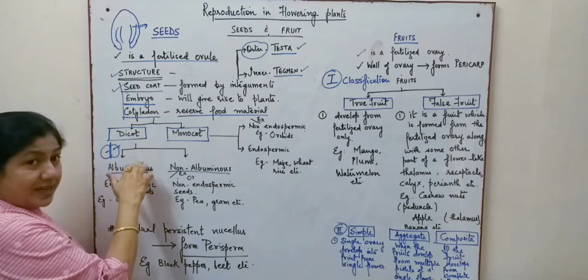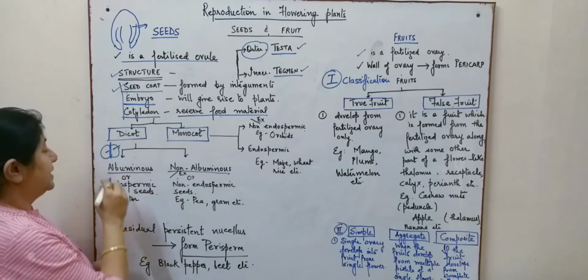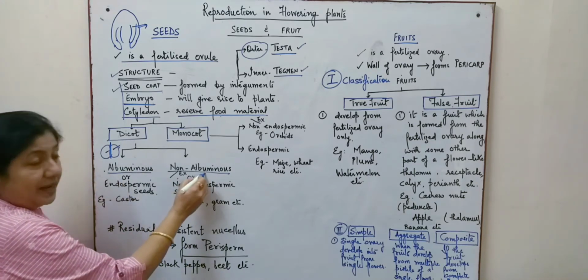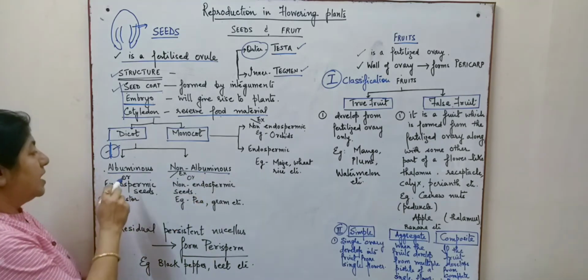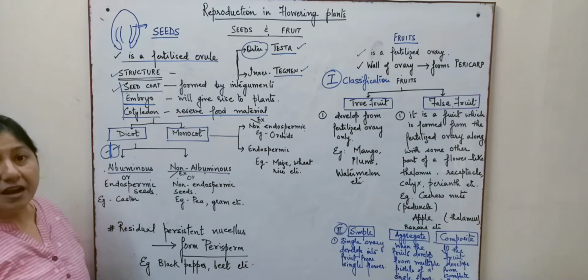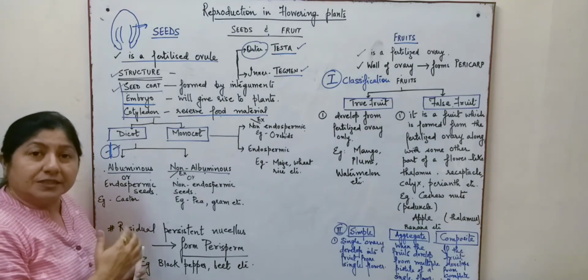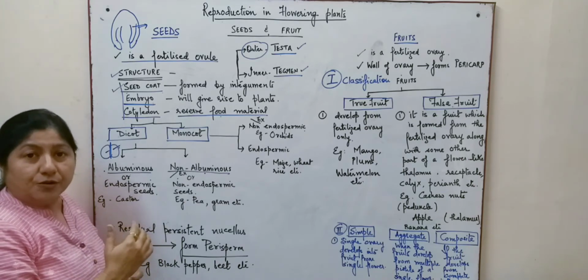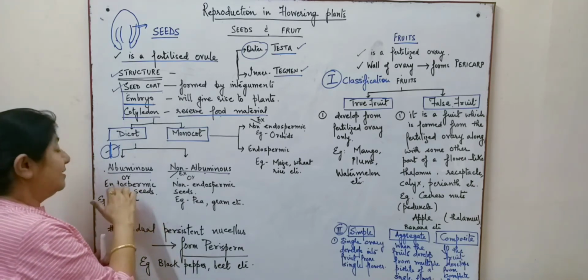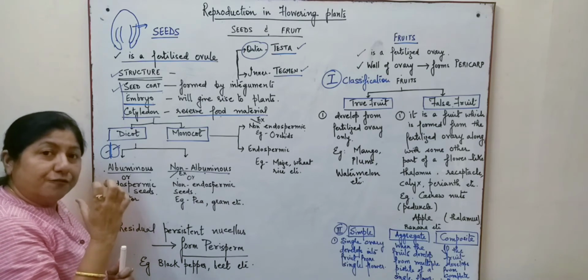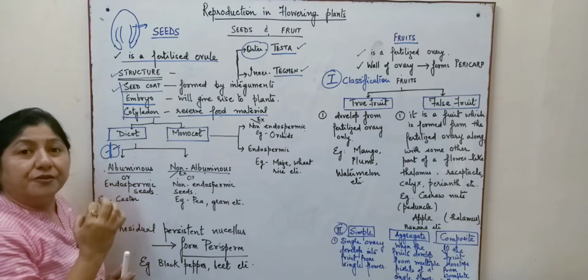So the dicot seed is classified as albuminous and non-albuminous. The albuminous seeds are those seeds in which, during the development of an embryo, a certain reserve food material is still retained.